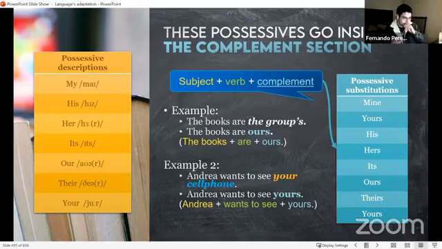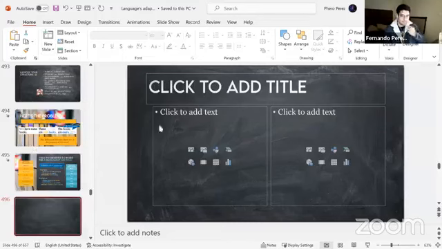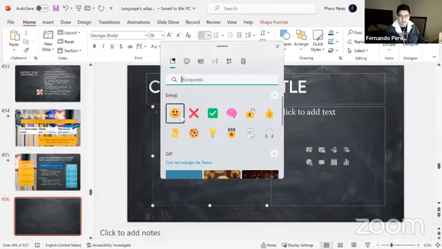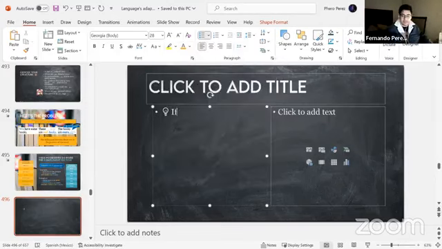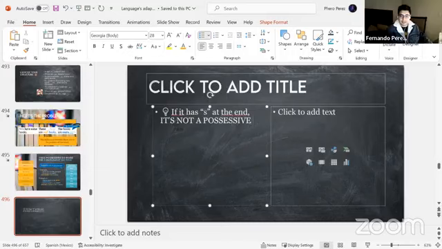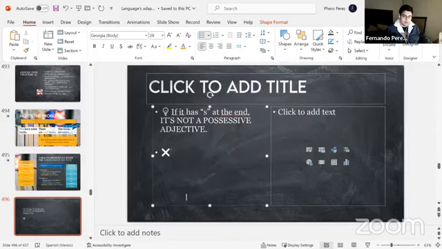But the first thing and the most important part that we need to remember, the tip here is, if it has S at the end, it's not a possessive adjective. So it's incorrect to say, this is ours teacher.